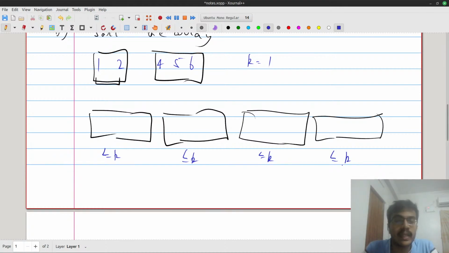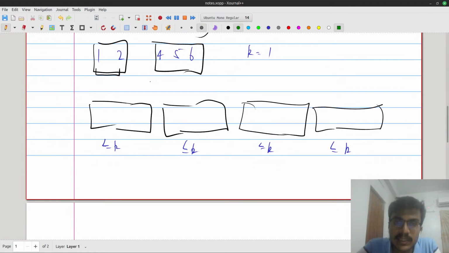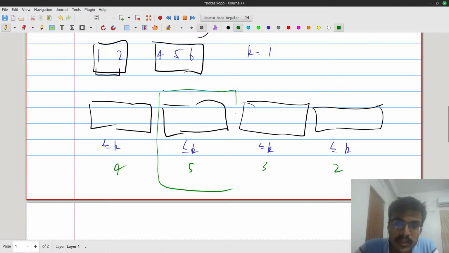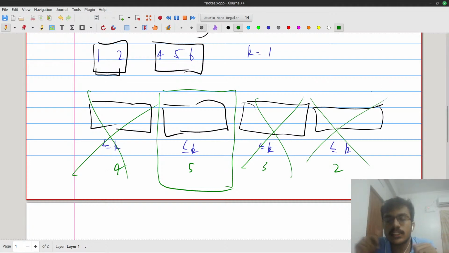But if you choose two different subarrays, then the difference between consecutive elements may be greater than k. Now let's look at the lengths of these. Let's say the lengths are 4, 5, 3 and 2. I will greedily choose the longest subarray and get rid of all the other subarrays, and that's the optimal solution.